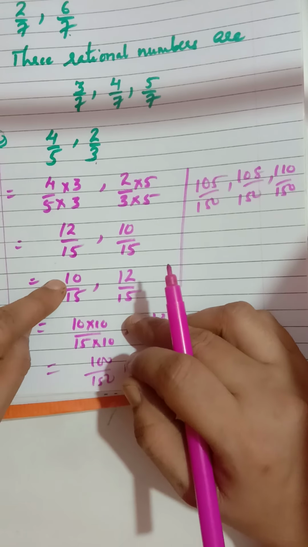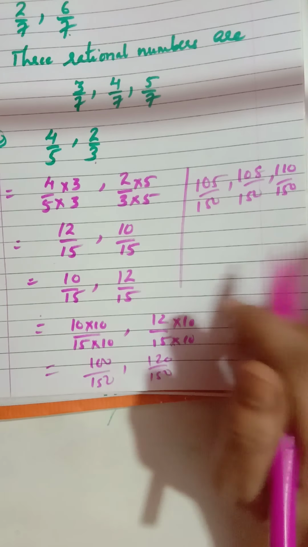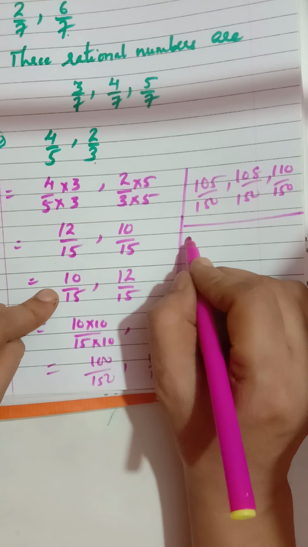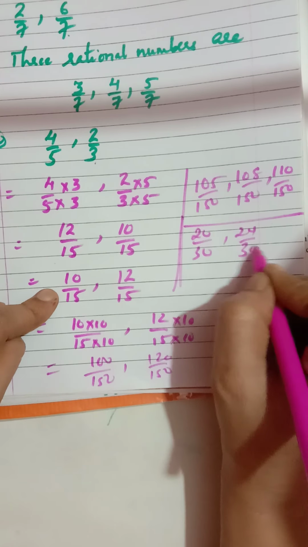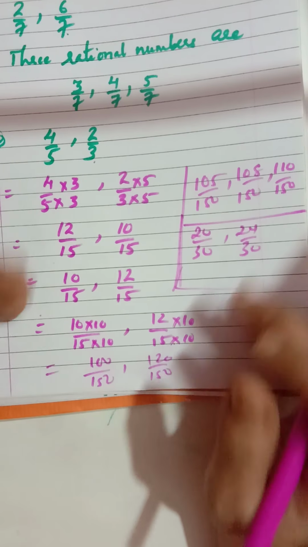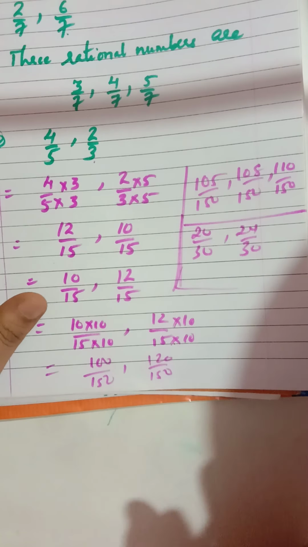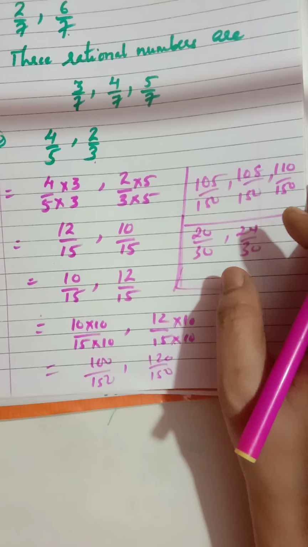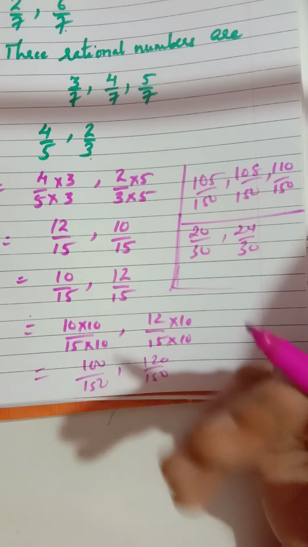So the in-between numbers are 21 upon 30, 22 upon 30, 23 upon 30. Clear? You can multiply by 2, 3, 4, 5, 6, 7, 8, 9, 10, any number, but it is better to keep one standard, and multiply by 10.